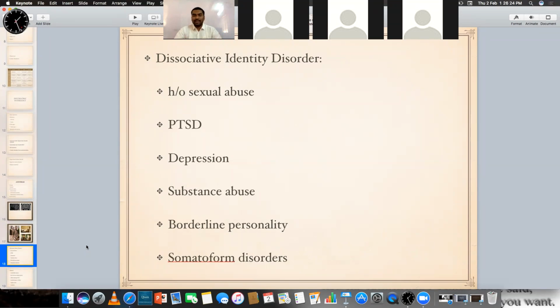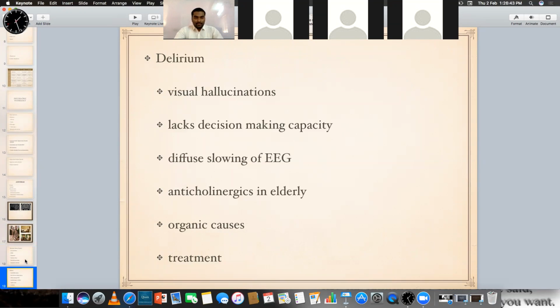Okay, these people, and people with borderline personality and somatoform disorders. We'll discuss each and every topic maybe tomorrow. What is post-traumatic stress disorder and depression? Probably today we'll talk about depression and substance abuse.